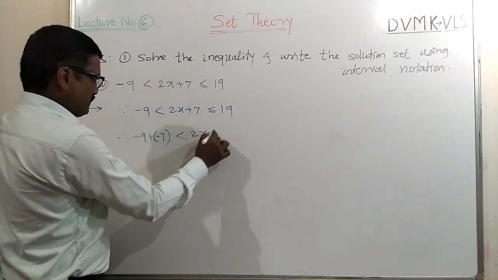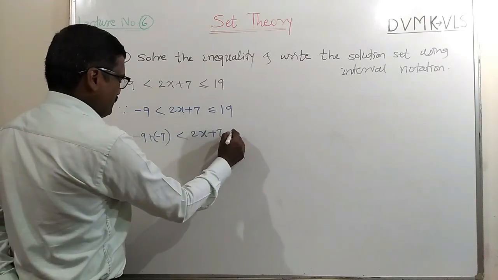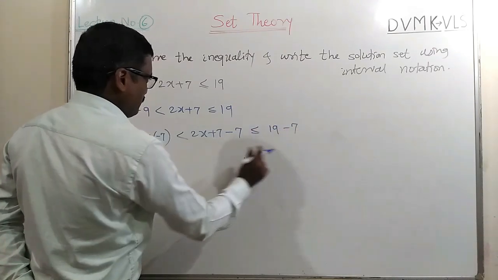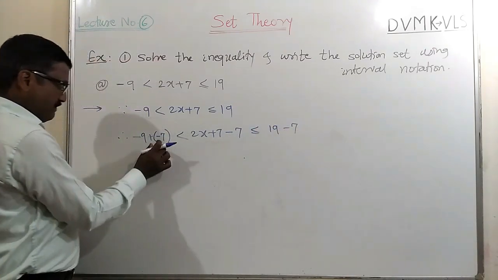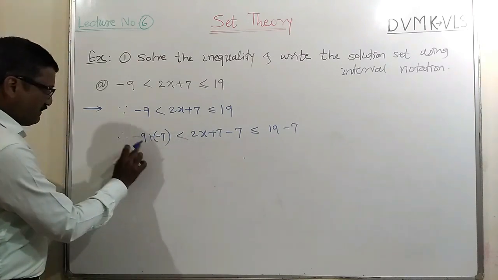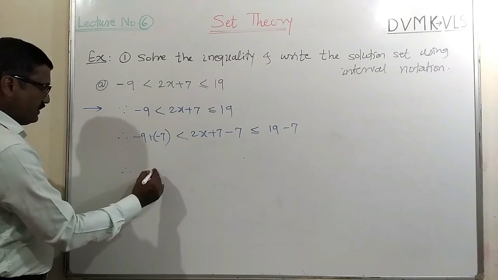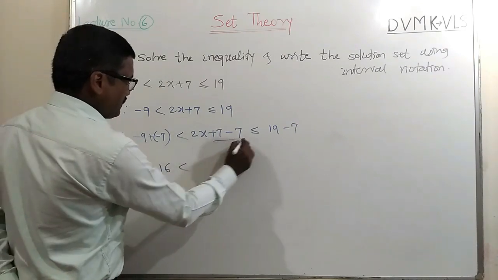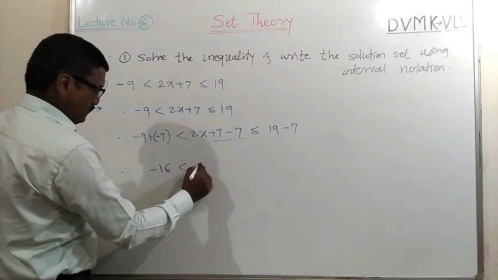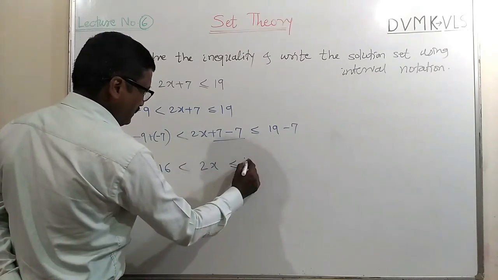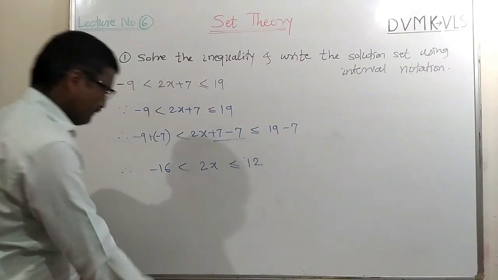So it is 2x plus 7 minus 7 is less than or equal to 19 minus 7. This subtraction of 7 means addition of negative 7. So here we get minus 9 minus 7, that is minus 16, less than 2x, where plus 7 minus 7 cancel, is less than or equal to 19 minus 7, which is 12.